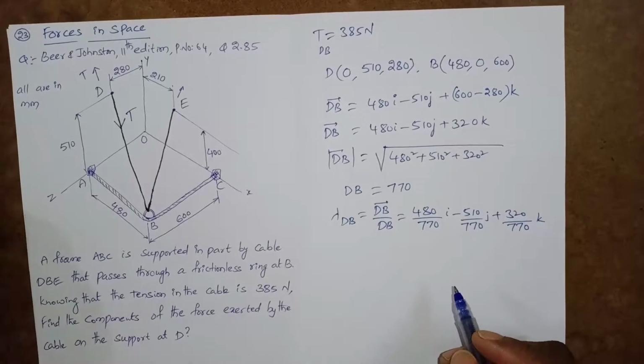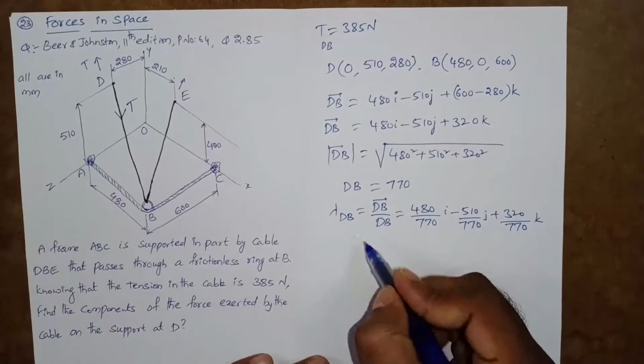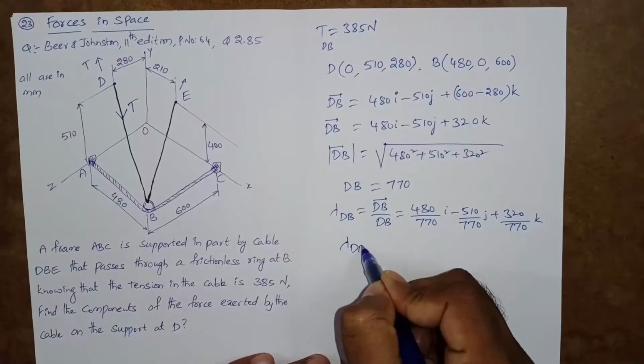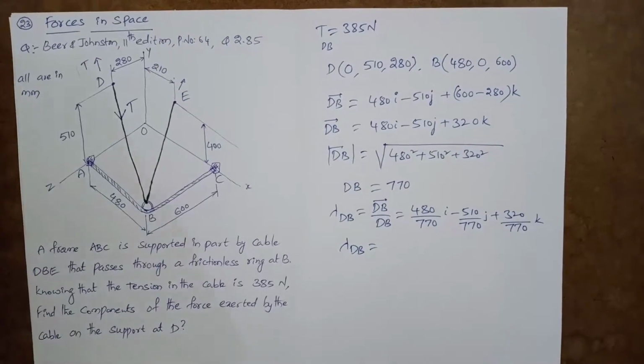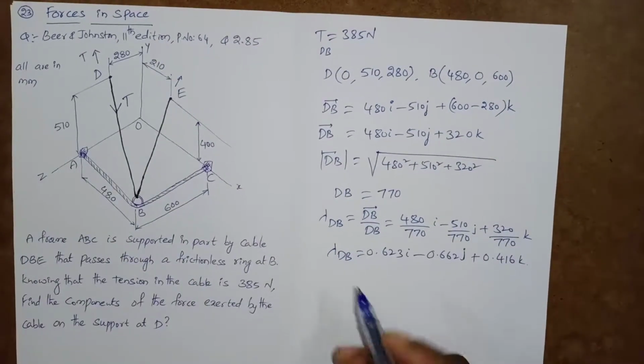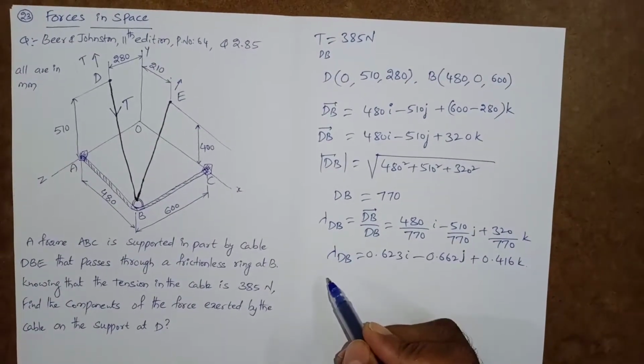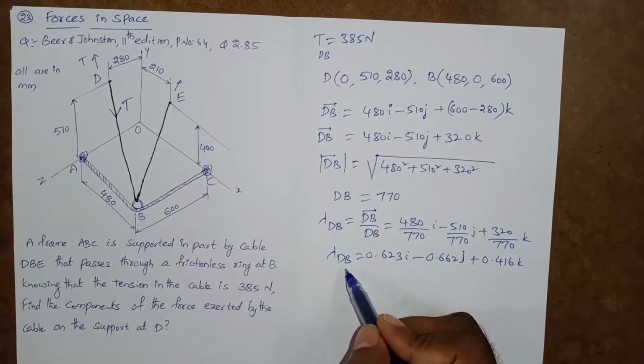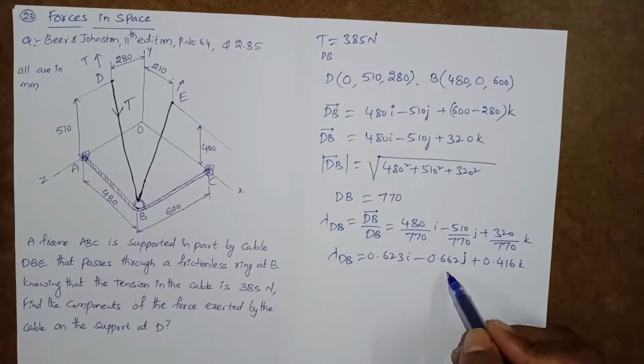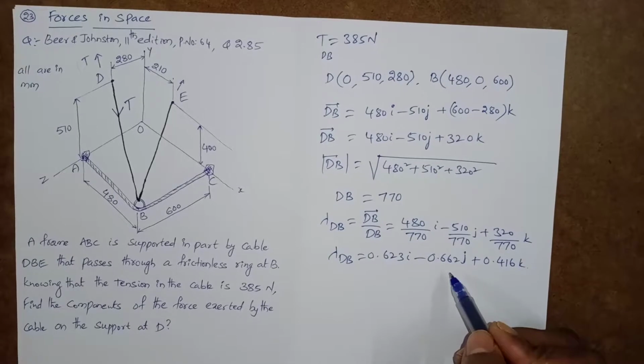Simplifying this, we get the unit vector along DB, lambda DB, equal to 0.623 i cap minus 0.662 j cap plus 0.416 k cap.